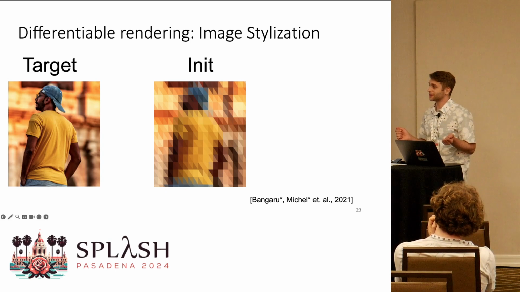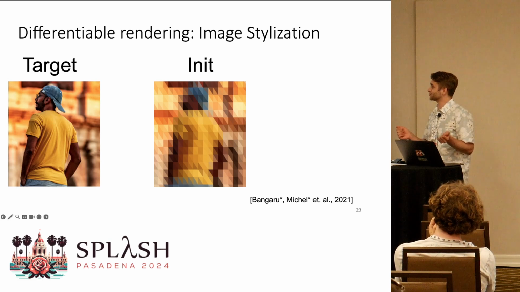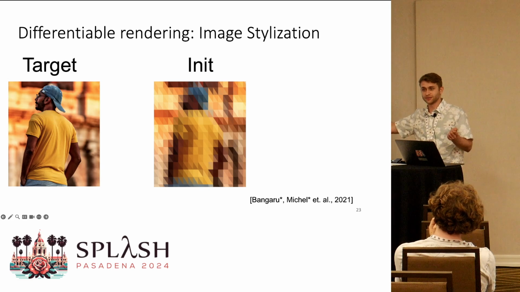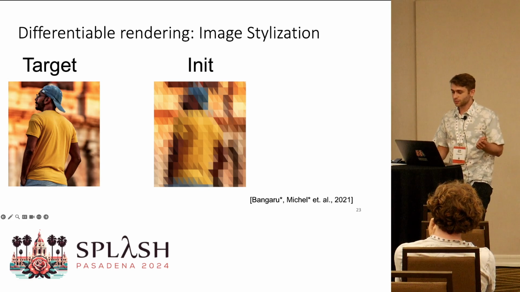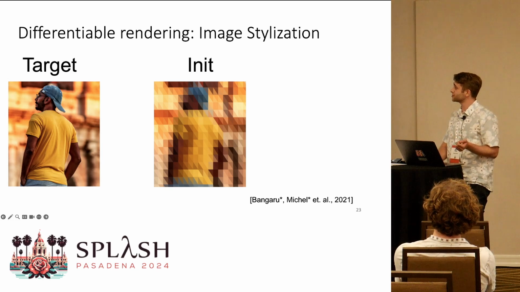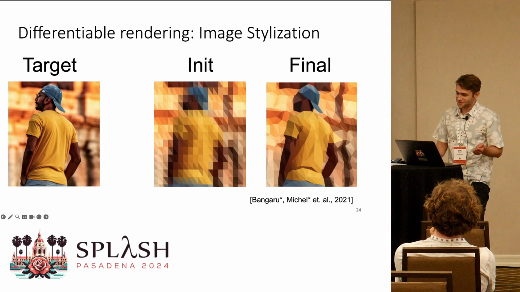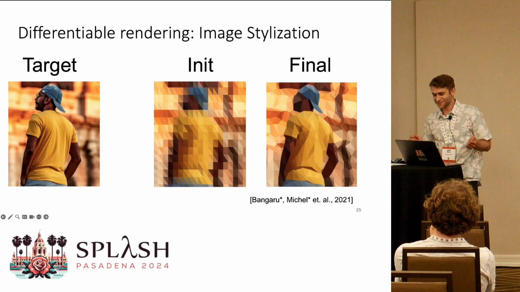So we might want to have a triangulated stylized image, and we'll start with just uniform triangles. And we're going to optimize the locations of the edges of the triangles as well as their colors. And we get this cool stylized image.